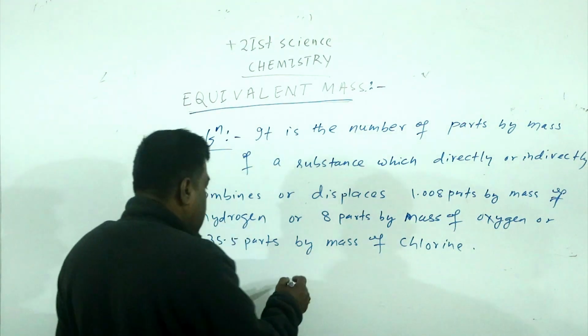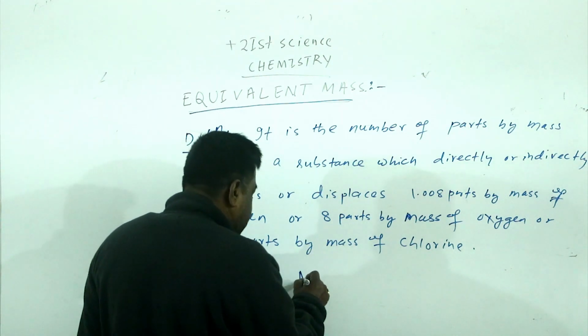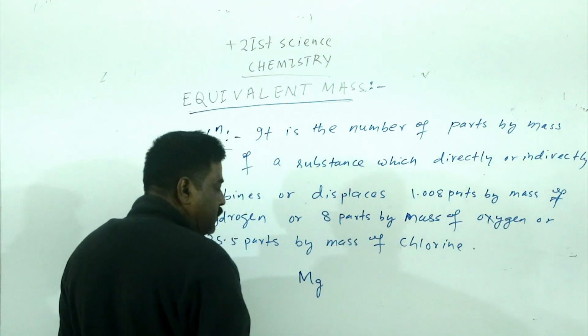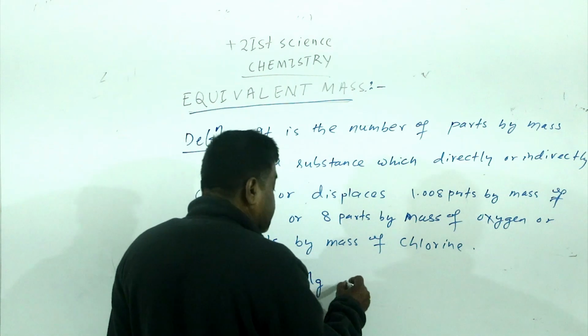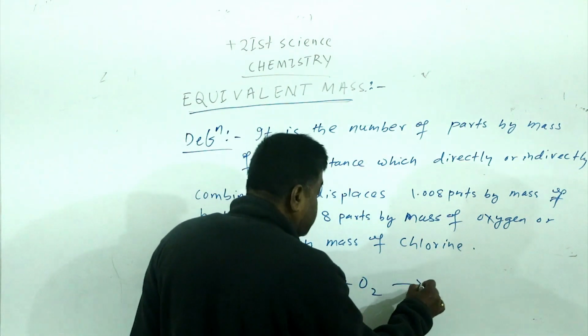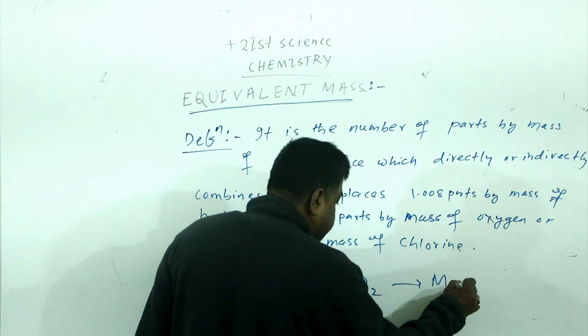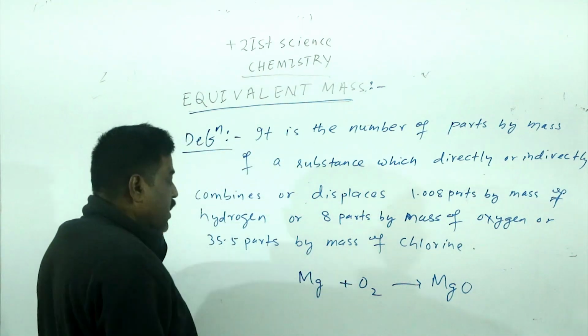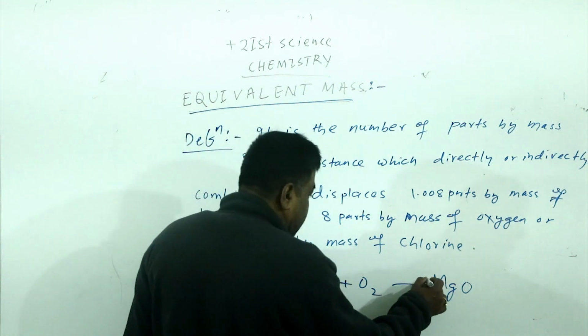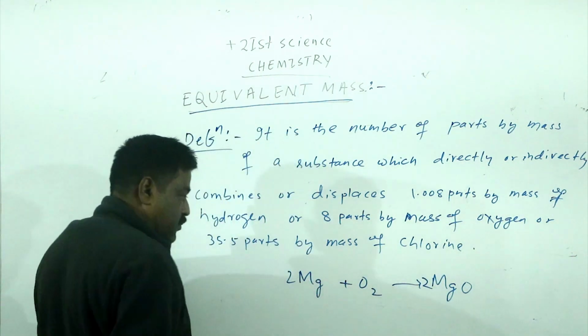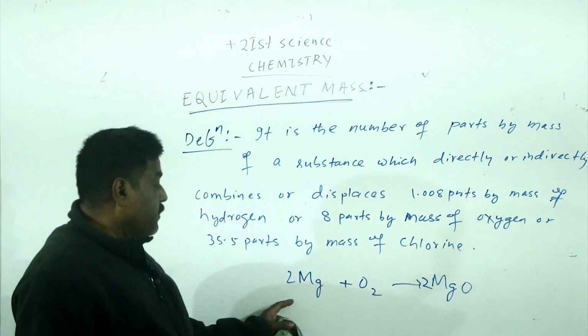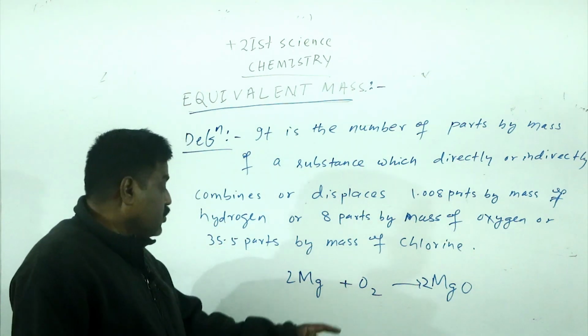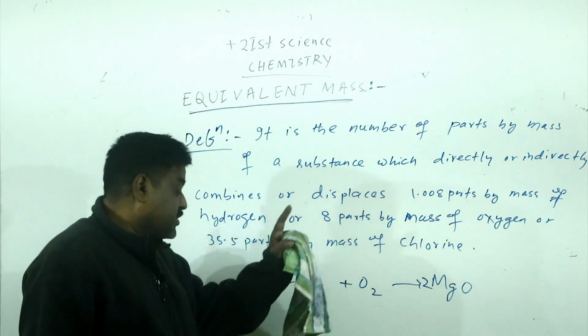Let's say here I am writing magnesium. When it combines with oxygen, you know, it forms magnesium oxide. Right? Here, for balancing, I can write this one also. When I am talking about the combination of oxygen, combines or displaces.